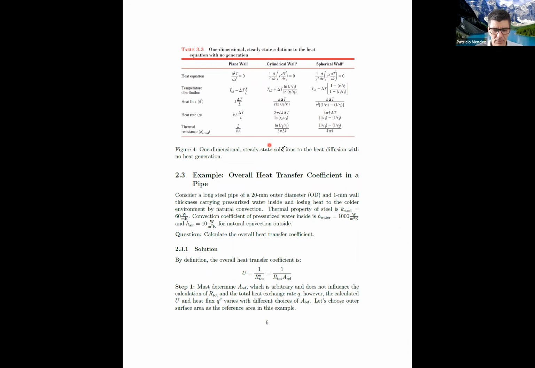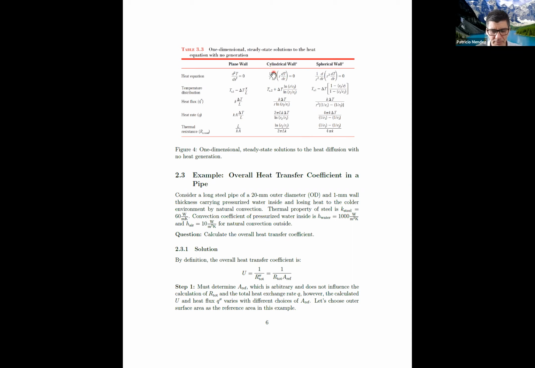Look, here you have the formulas for thermal resistance for what they call the cylindrical wall, right? Like, yeah, it's the wall of a cylinder, the wall of a sphere. How to calculate the heat rate, the heat flux, and the formulas for temperature distribution, which I'm not too worried about right now, but those come from solving this differential equation.